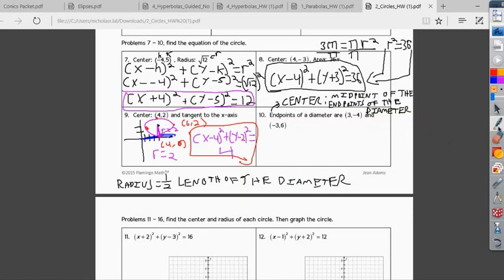So let's get into the problem. To find the midpoint of the diameter, the center (h, k) would be equal to (3 plus negative 3) over 2, comma, (negative 4 plus 6) over 2.